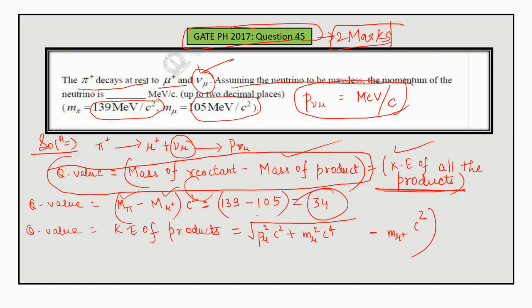This is the kinetic energy of the muon. You know the total energy formula: square root of P square c square plus m square c4. From this total energy, we subtract the rest mass energy to get kinetic energy, because total energy is equal to kinetic energy plus rest mass energy. So the kinetic energy of mu is total energy minus rest mass energy, m mu c square, with mu in the subscript.